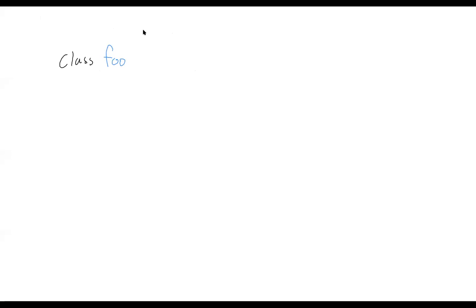We said that our class foo has certain what? What do classes have? Yeah, class foo has states, and what else? What are the other things that classes have? Data fields would be under states. Behaviors, exactly.